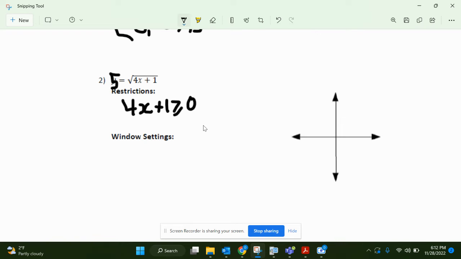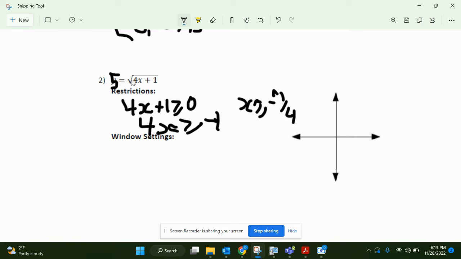That means that 4x has to be greater than or equal to negative 1, meaning x has to be greater than or equal to negative 1/4.